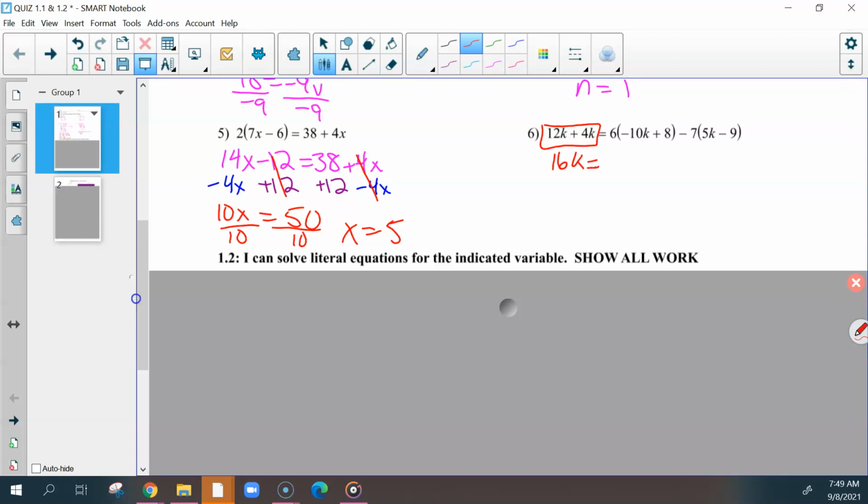I saw a lot of issues when distributing. This one should have been a negative 60K. This one should have been a positive 48, a negative 35K, and then a positive 63. So if you got negative 63 or any of those signs changed, your numbers were off.